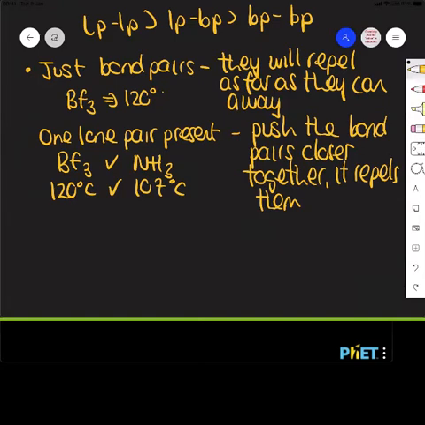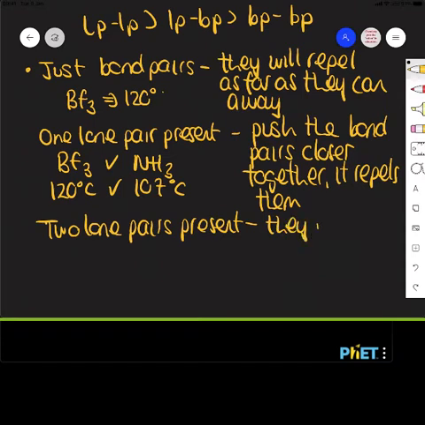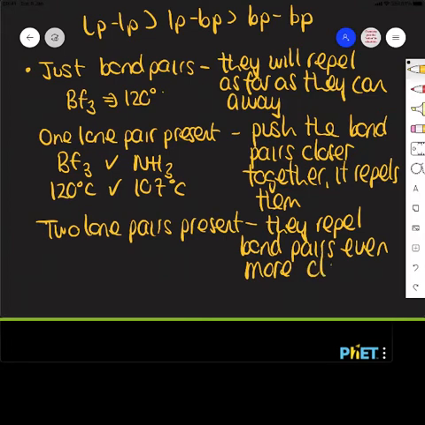And then the last part is if you have two lone pairs, they actually repel your bond pairs even more, even more close.